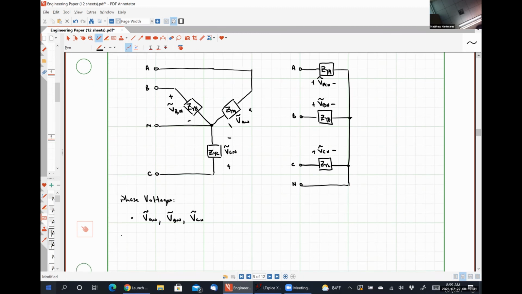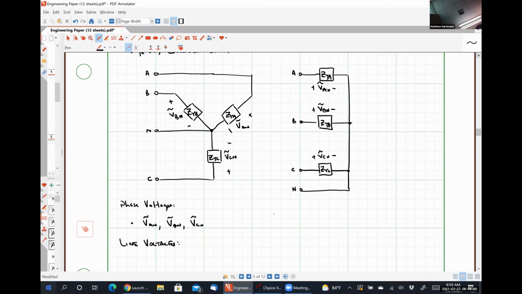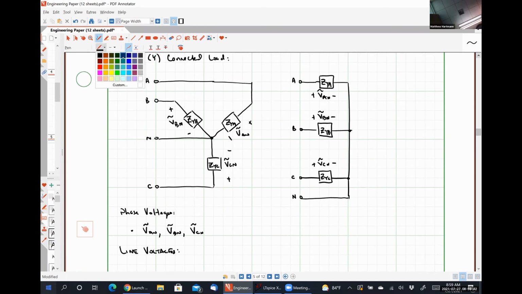Our line voltages. Annabelle, care to take a crack at these? Would it be VAB and VBC?